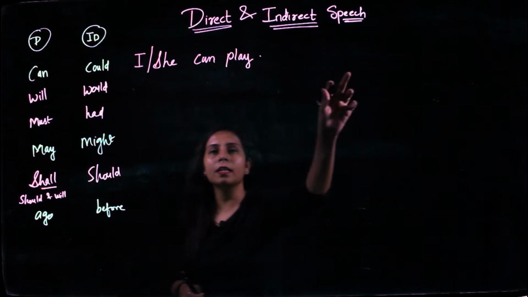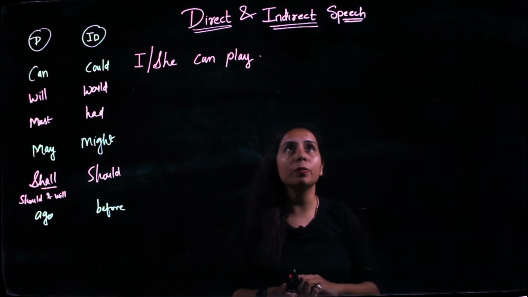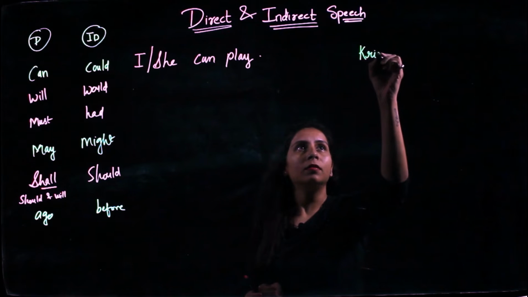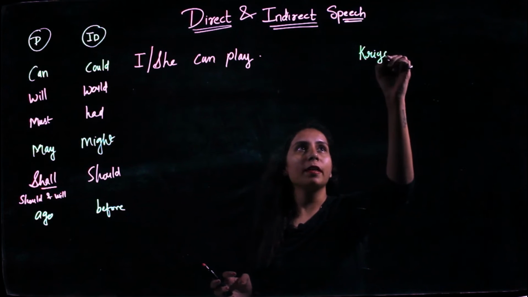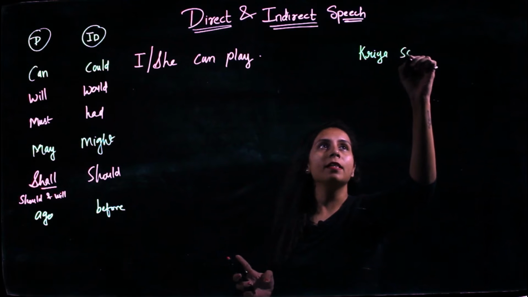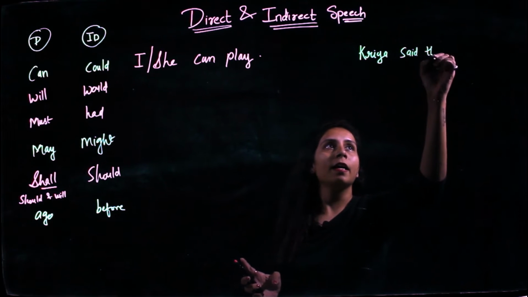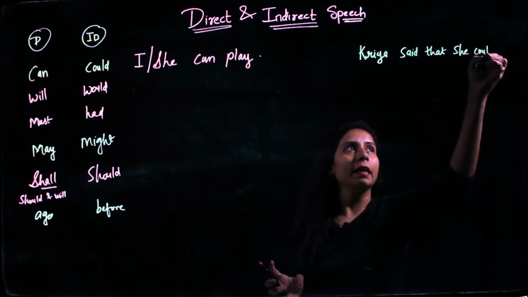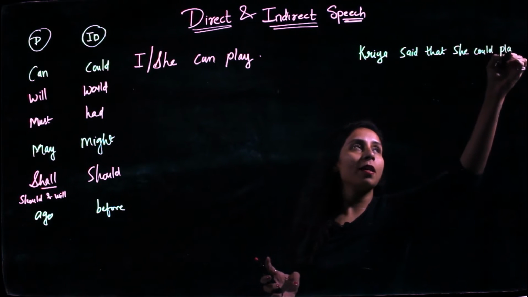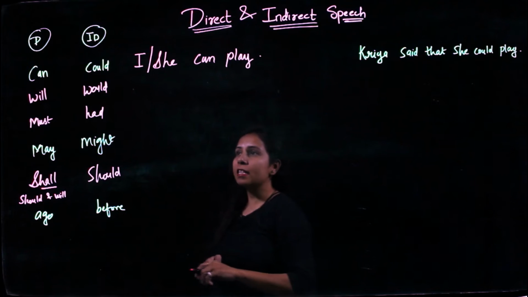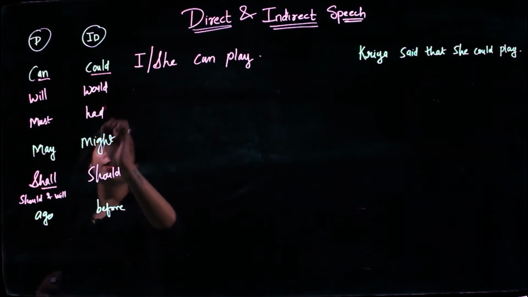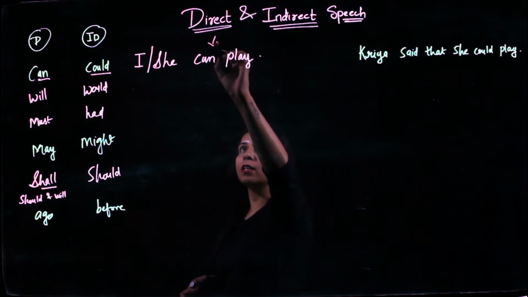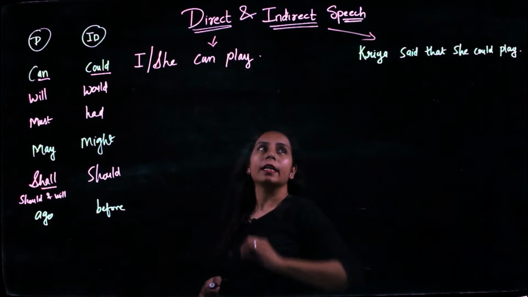Then when we turn it into indirect speech, we would say, Kriya, I just gave her the name, Kriya said that she could play. What happened? I changed can into could, that is changed direct into indirect.